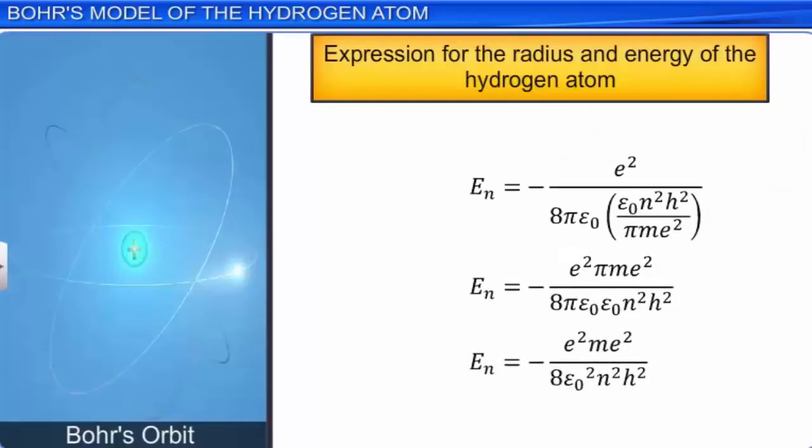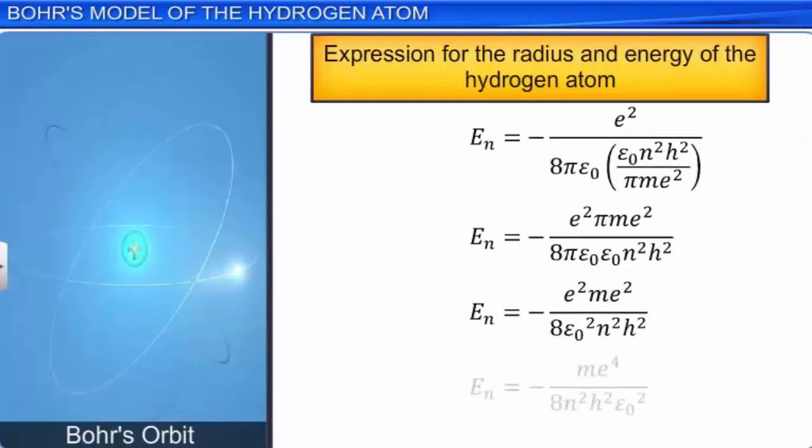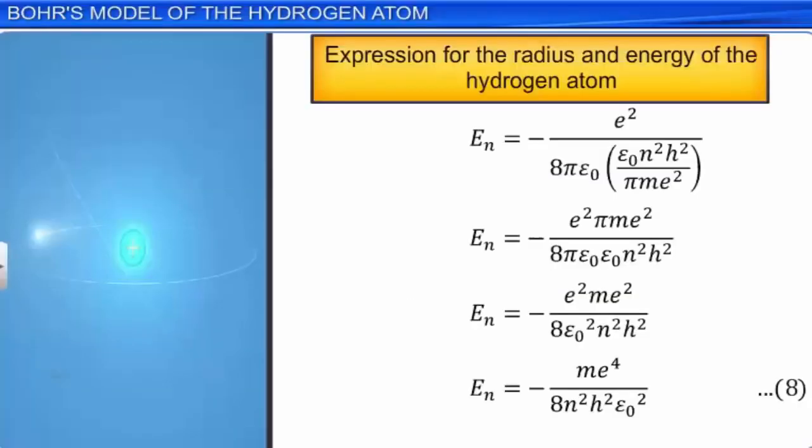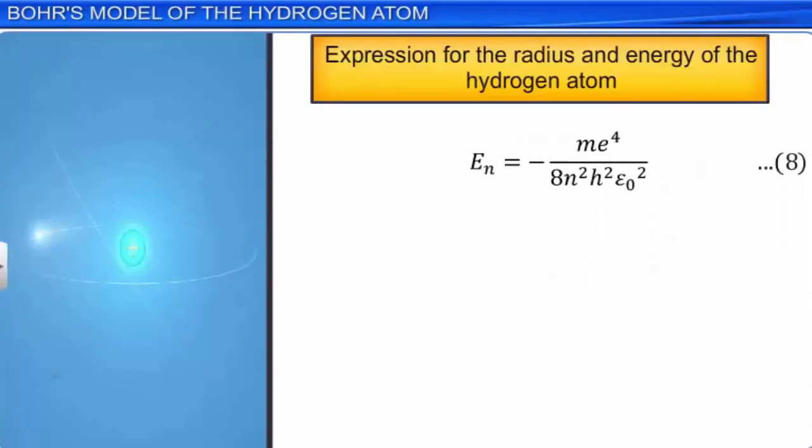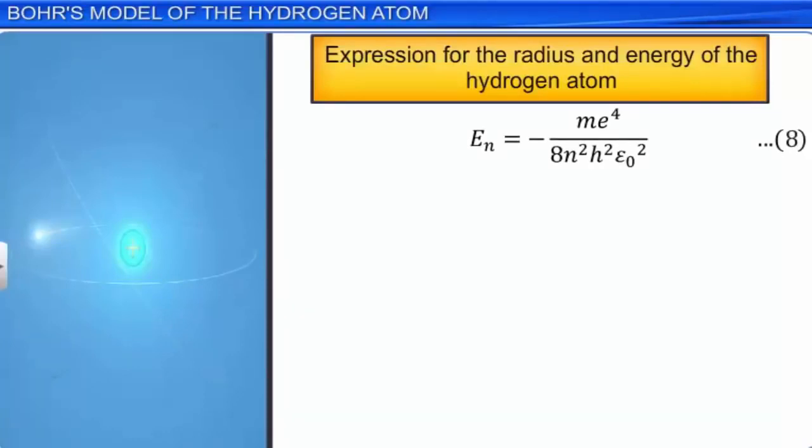Let this be equation 8. Substituting the values of m, e, epsilon naught, h and simplifying, we get En = minus 13.6 by n square electron volt. Let this be equation 9.